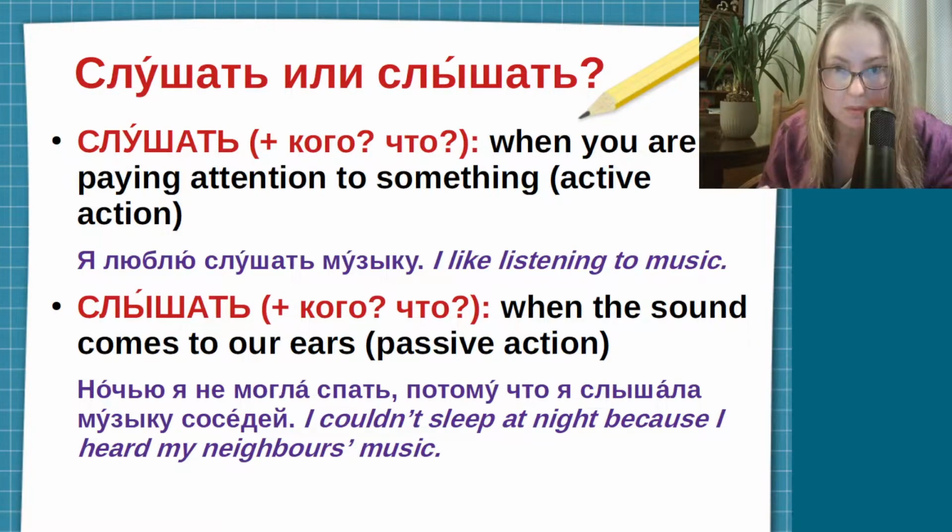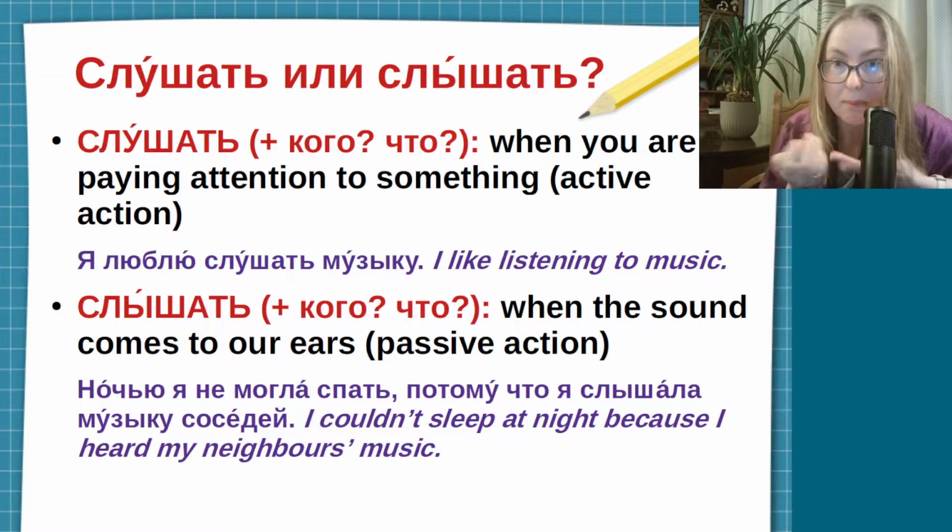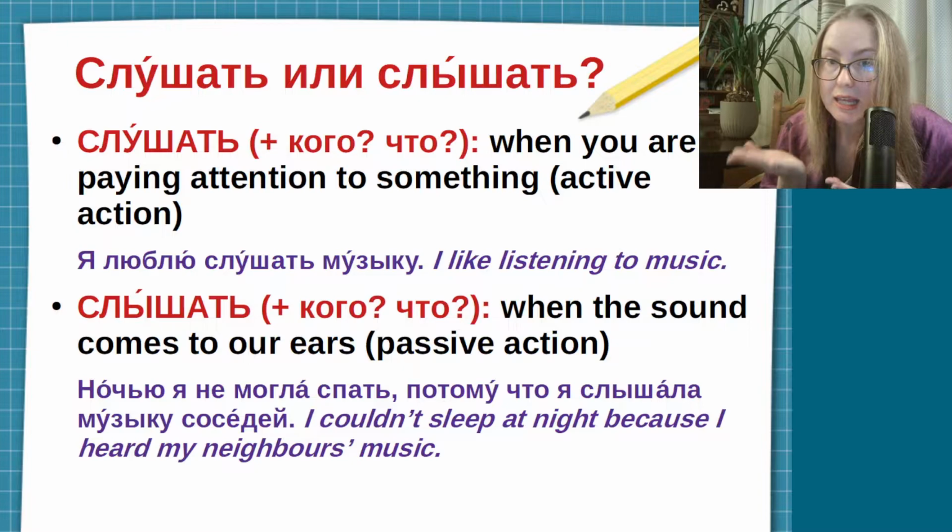And this verb the Russian native speakers use when the sound comes to our ears. So it happens absolutely passively. So it's a passive action. So we hear without any purpose. So слышать, in comparison with слушать, is a passive action.